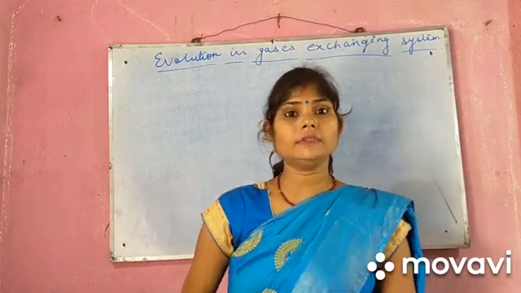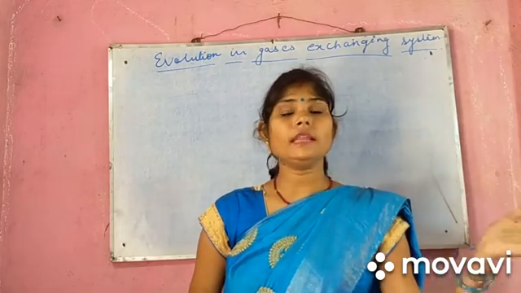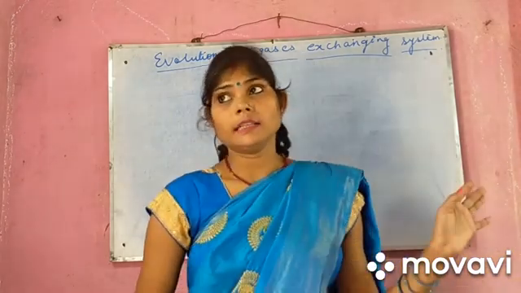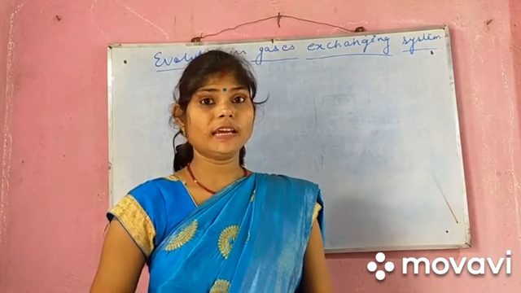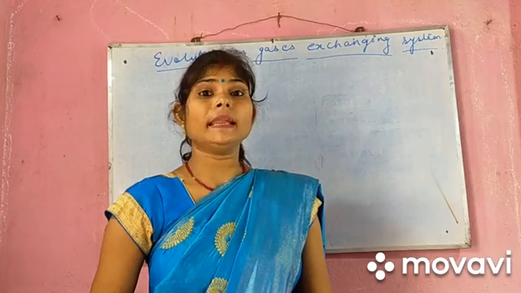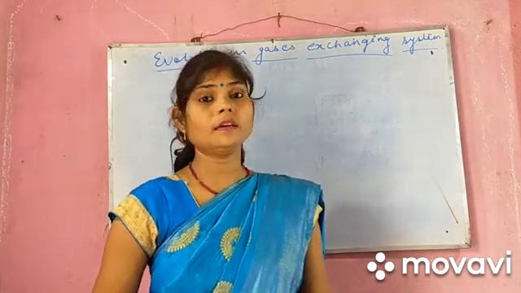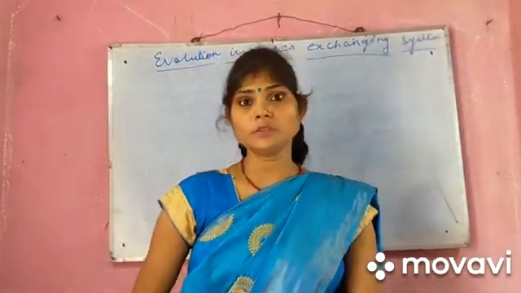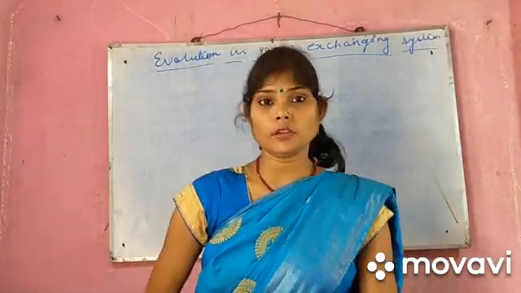As in class 9 I have discussed, there are 9 phyla: Protozoa, Porifera, Coelenterata, Platyhelminthes, Annelida, Arthropoda, Mollusca, Echinodermata, and Hemichordata. On the basis of their body designs, the organisms are grouped into different phyla.